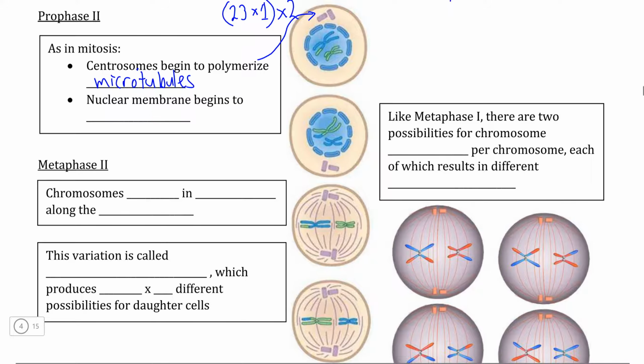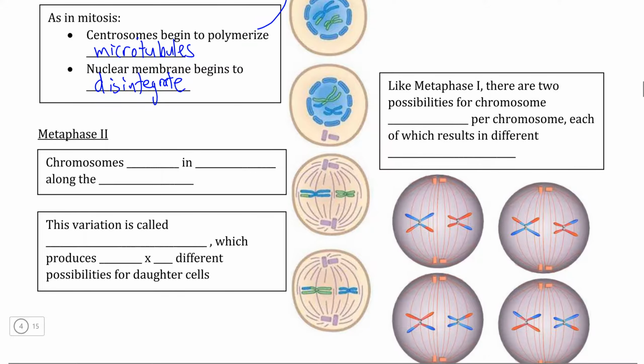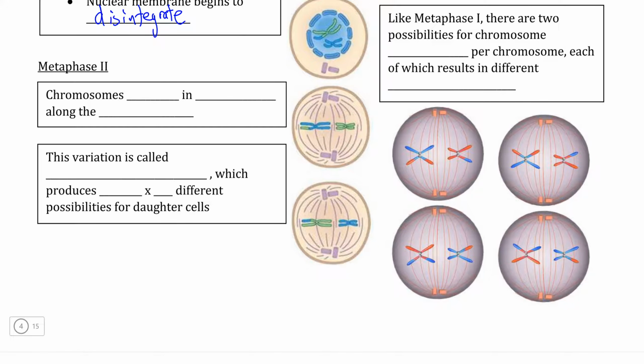And of course, if the nuclear membrane remains in place, then this would not be possible, so the nuclear membrane needs to disintegrate once more in order to transfer the copies of each chromosome to opposite sides of the cell. Once all 3 of these stages have been accomplished, it's time to advance to metaphase 2.